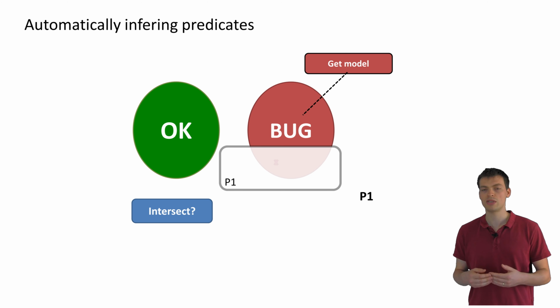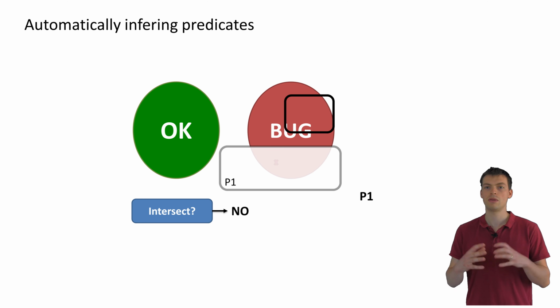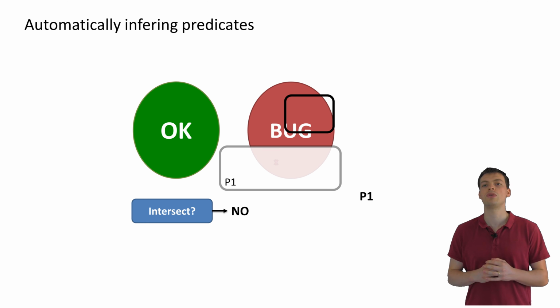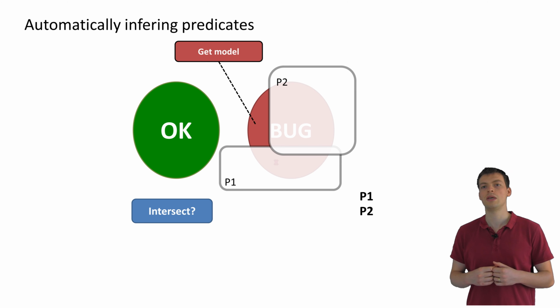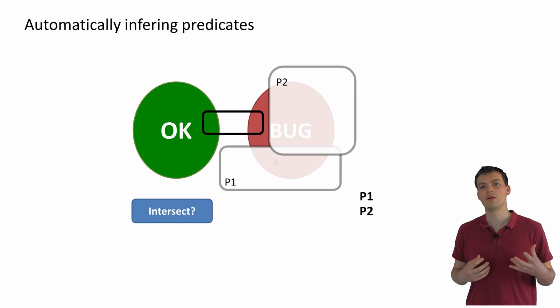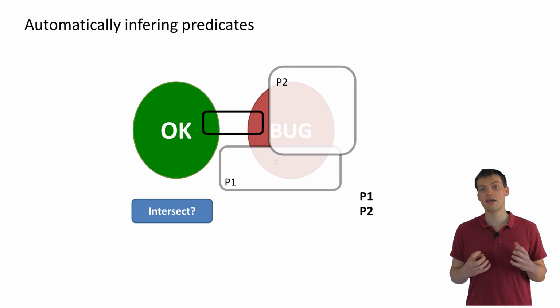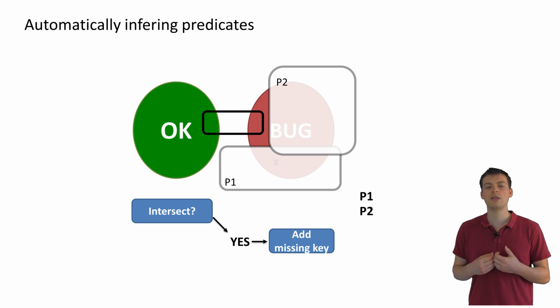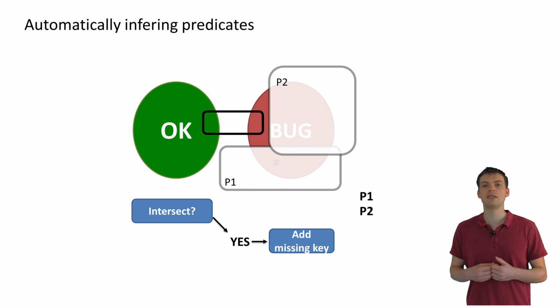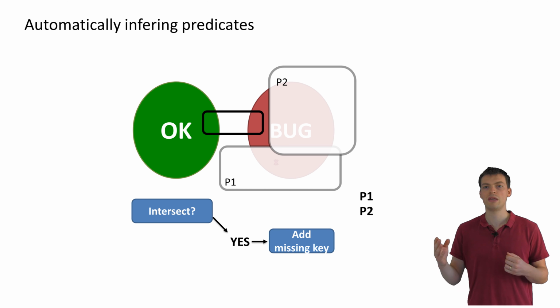We continue the process and we get a new model, project, and then compute the unsat core. And again, we get a model, project, and this time we notice that there is indeed an intersection. So this is the non-deterministic case I was talking about earlier, whereby for the same table entries, there is a packet which triggers a bug, and one of them which ends up in a well-defined state.